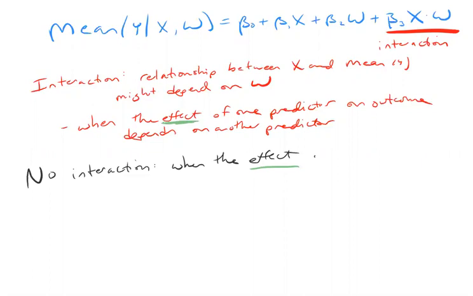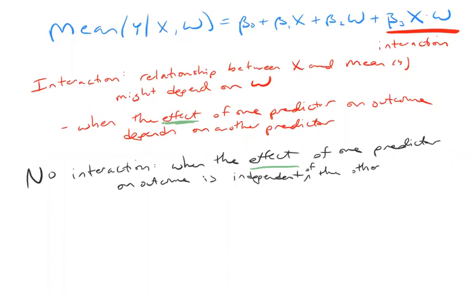When the effect of one predictor on the outcome is independent, does not depend on, independent of the other predictor.